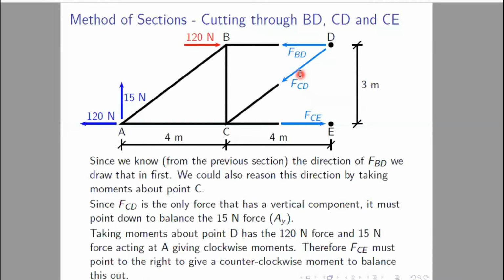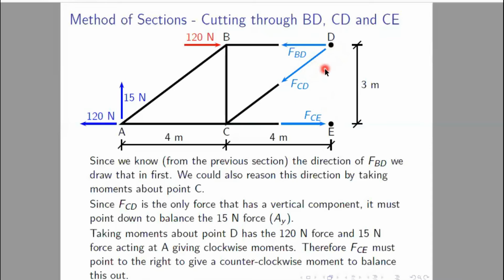And what are the other vertical forces? The component of FCD in the vertical direction, that is the unknown member force. So if this angle is theta, FCD cos theta will be equal to 15 kilonewton. So 15 kilonewton minus FCD cos theta will be equal to 0.